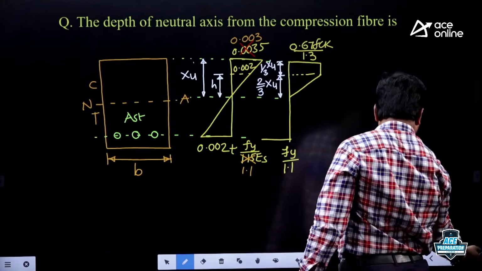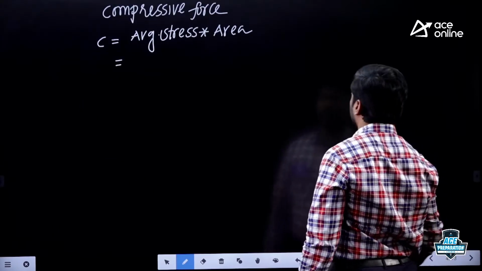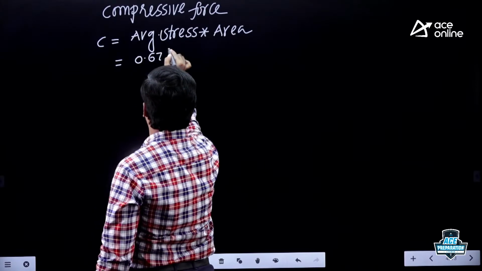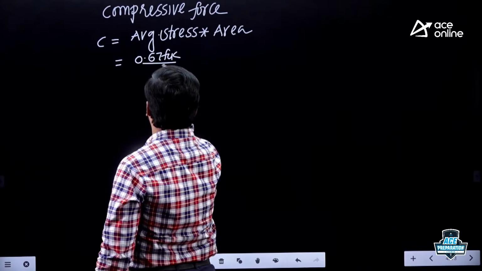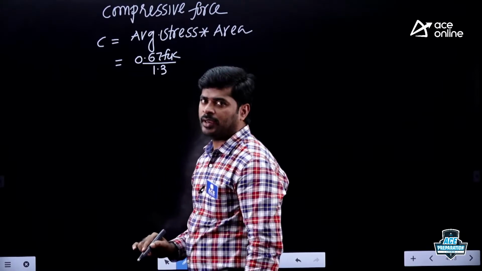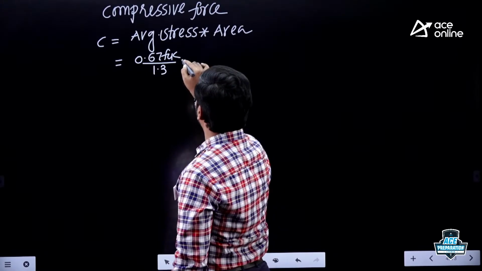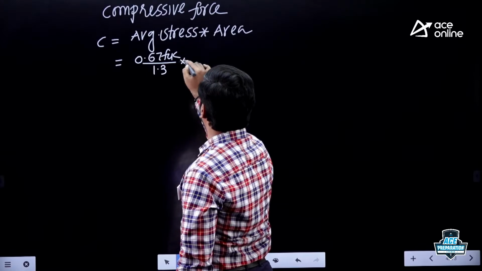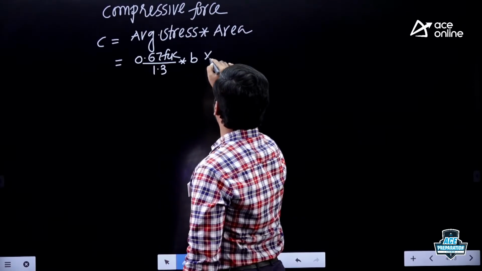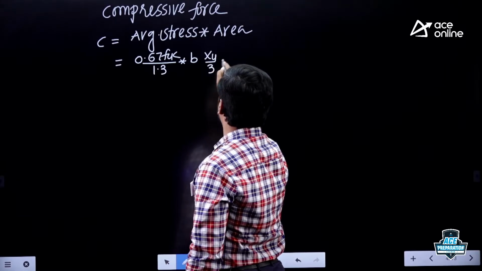That is 0.67 FCK upon 1.3. This is the strength of the concrete we have to take. Into area will be B into XU by 3, 1/3 XU.